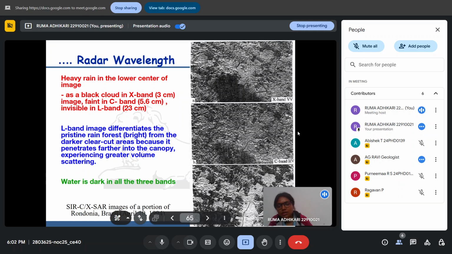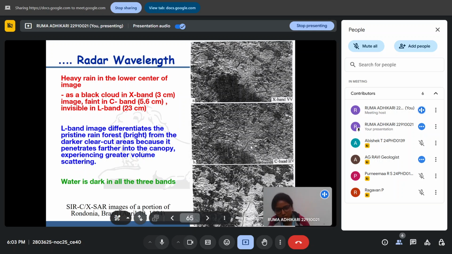So the reflected signal is away from the sensor. It does not come in the sensor direction, it goes to another direction. That's why the sensor will not get any energy. So there it appears dark, and where it gets more energy, more intensity, there it will be brighter.